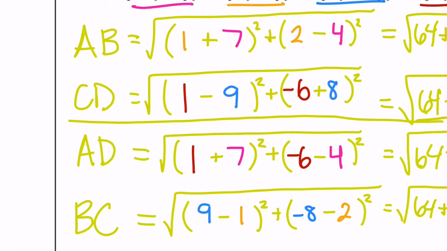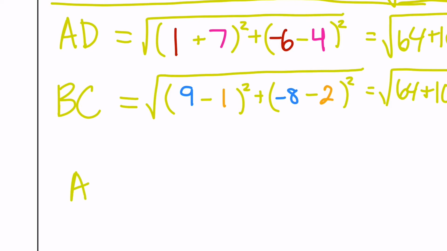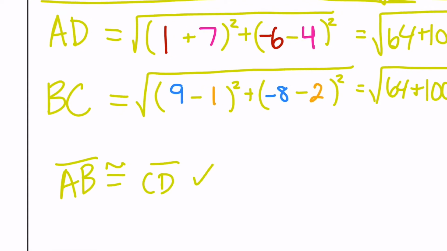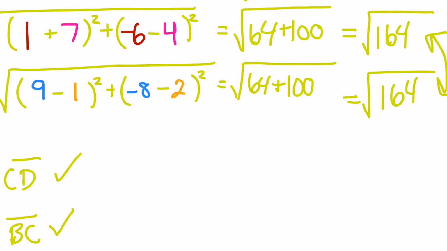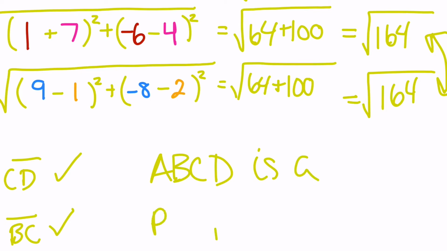So since side AB is congruent to side CD, and side AD is congruent to side BC, this shape, ABCD, is a parallelogram.